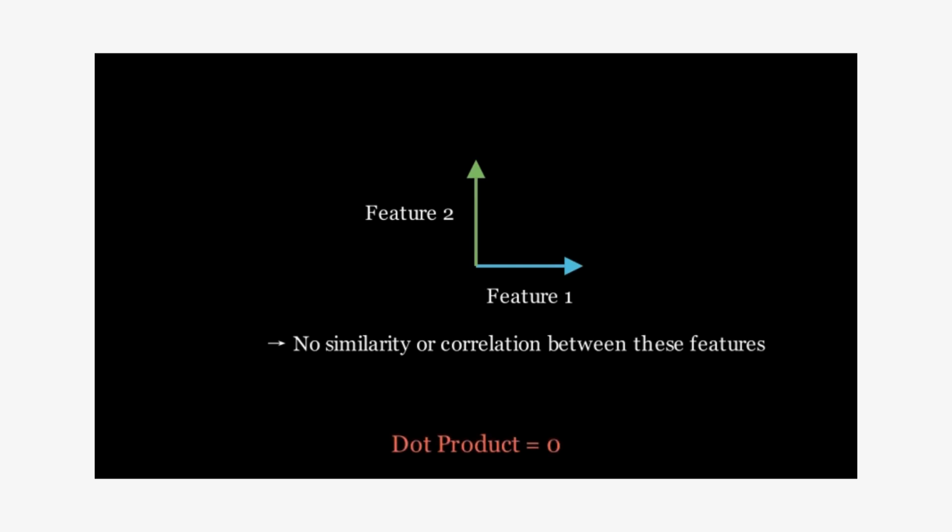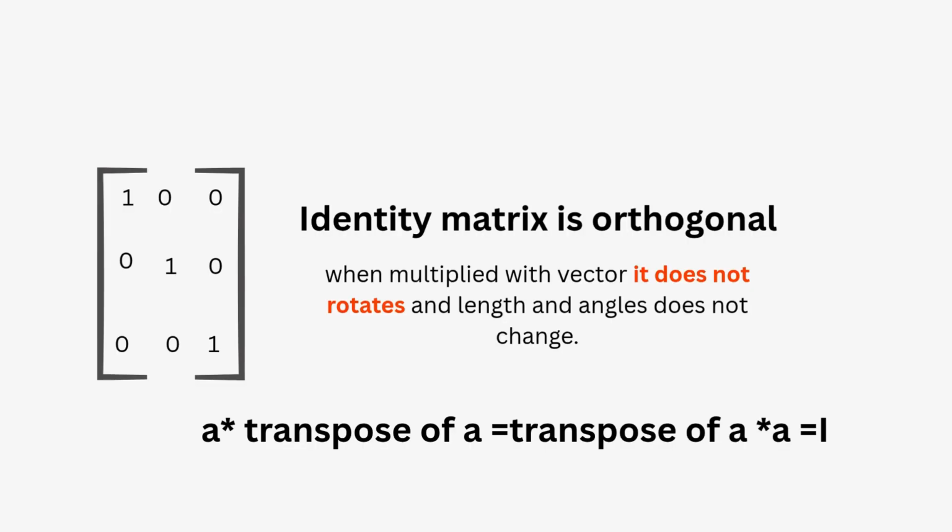Suppose you multiply A into A transpose, or vice versa, A transpose into A, and it leads to the identity matrix, where diagonals are 1 and off-diagonal elements are 0.